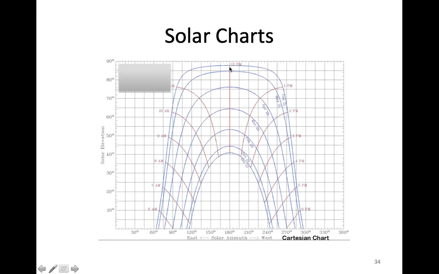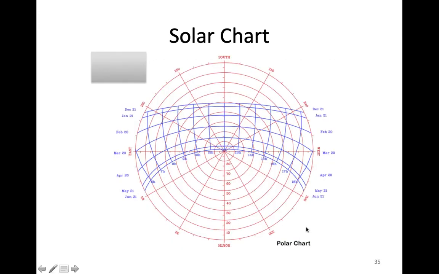At solar noon, it is at the highest position in the sky, and it sets in the west. Similarly, the solar chart can be represented in polar form like this, and we can find the elevation of the sun just by knowing the date and time.